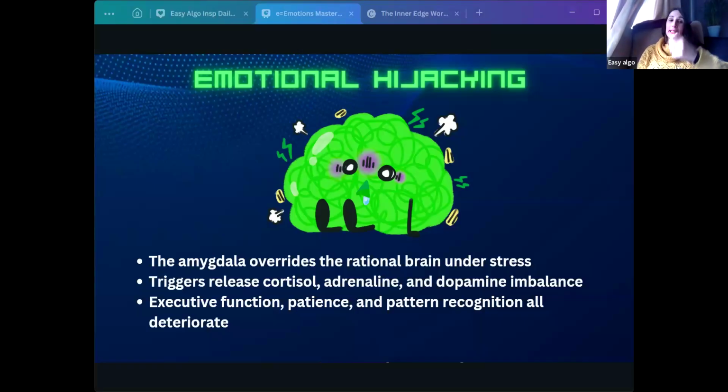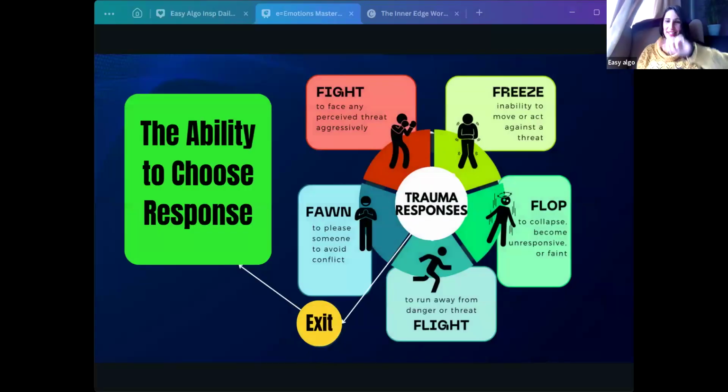The body got completely overwhelmed with either cortisol or adrenaline, and then we just got stuck in one of these fight, flight, freeze responses. Okay, that's going to happen. But we want to be able to have an exit strategy. The same way you're able to exit your trade, we want to be able to exit our default reactions.